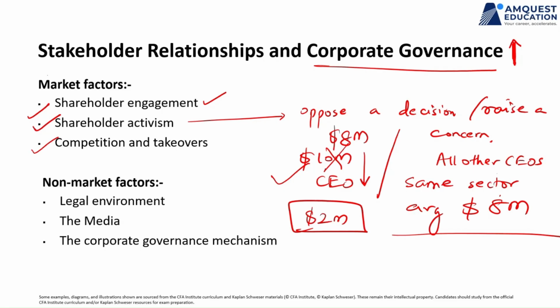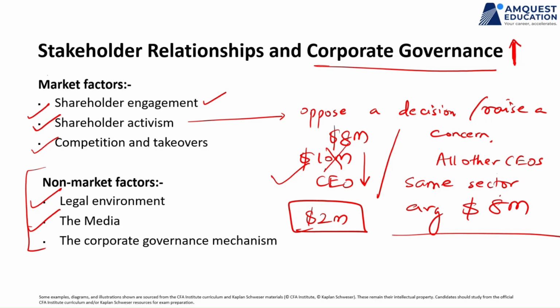Then there are non-market factors. How strong is the legal environment in a geography? Certain developed markets, certain developing economies have a very good legal framework. And that legal framework pushes for corporate governance or betterment of corporate governance. Media raises issues, highlights poor corporate governance, and all of this pushes the company to follow good practices under corporate governance.